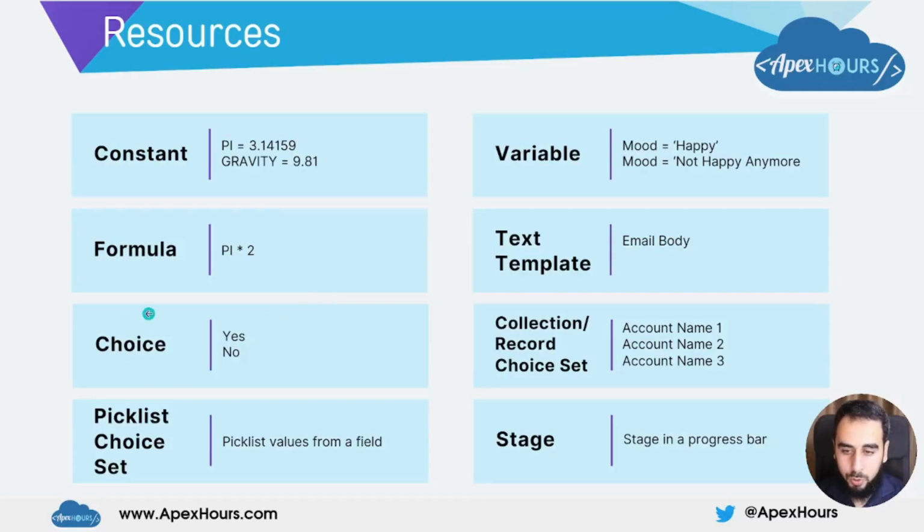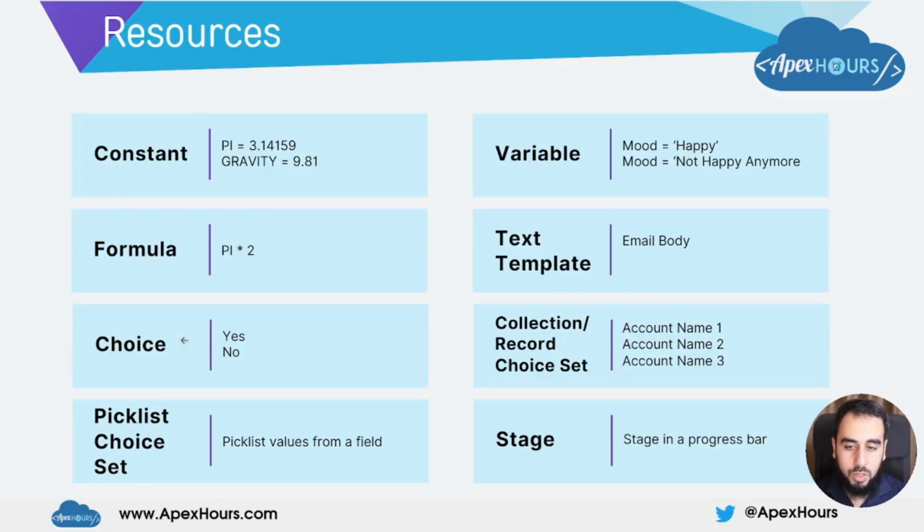We also have a choice, and a choice is similar to just a text value that you can use in multiple places. Assuming, for example, that you have three yes/no questions on a screen, and you would like all of them to have two answers, yes or no. You can create one choice for yes and another choice for no, and then use yes in those three questions and use no in those three questions.